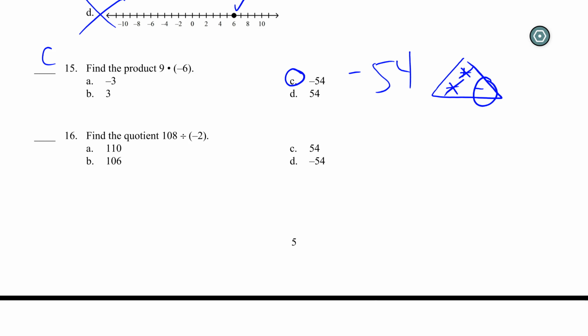And then the last one is find the quotient of 108 divided by negative 2. So if I wrote it out like this, 108 divided by negative 2, this is going to make it a little bit easier for me to figure out what goes where inside of my division box.